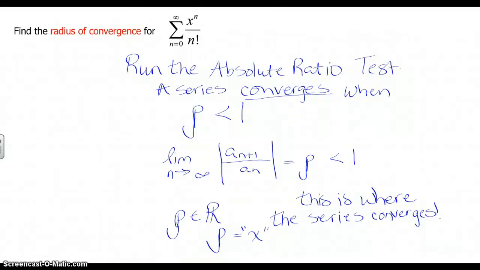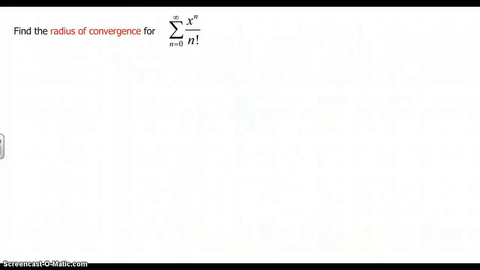And if we take that manipulation on x and set it less than 1, then we can find the interval or the radius of convergence. So that's what we're fixing to do. Let's work this specific example, and you'll see in practice it's a lot easier than it is in theory.